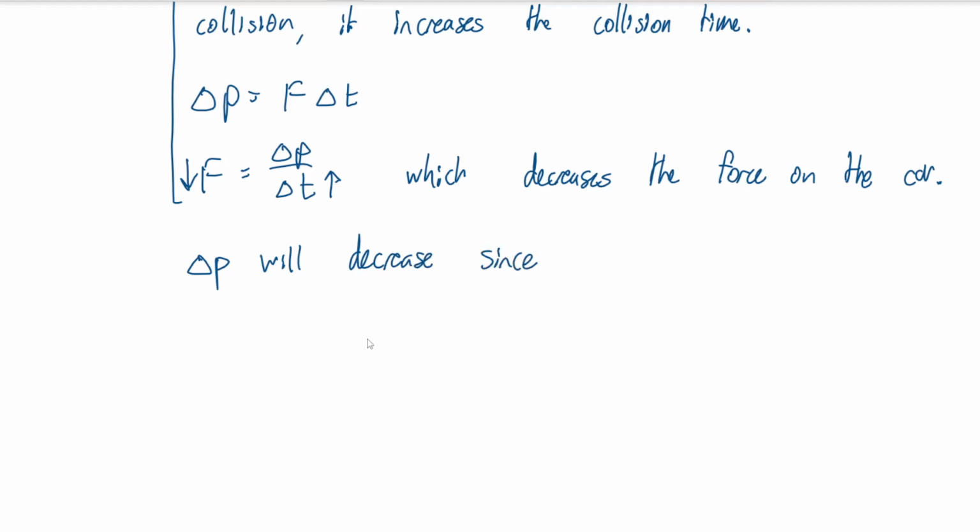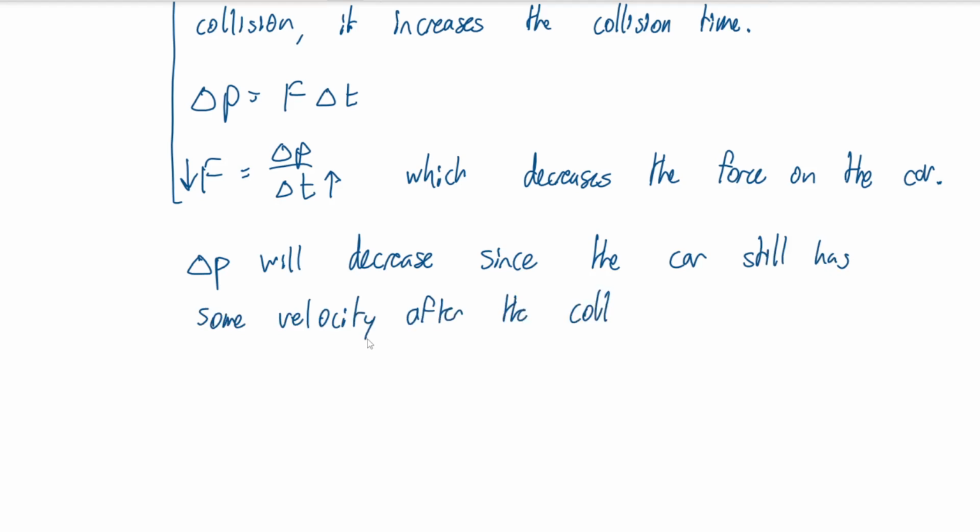since the car doesn't come to a complete stop. So since the car still has some velocity after the collision, we've reduced the difference between the initial and final momentum.